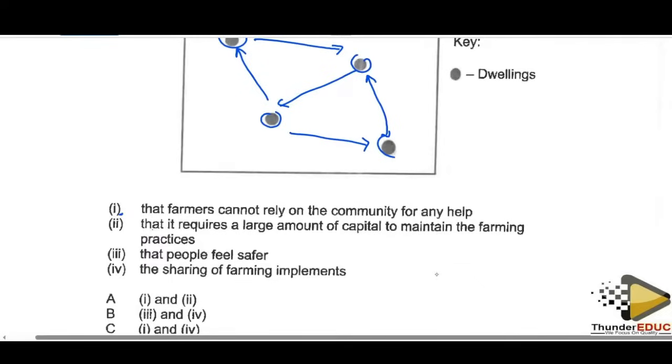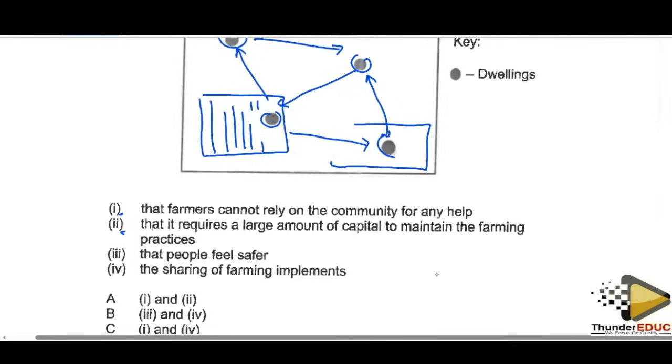It requires a large amount of capital to maintain the farming, which is also correct because now you are living on a big farm by yourself. You need a lot of capital to maintain all of this huge farm. That becomes a disadvantage because it means you need to spend a lot of money.